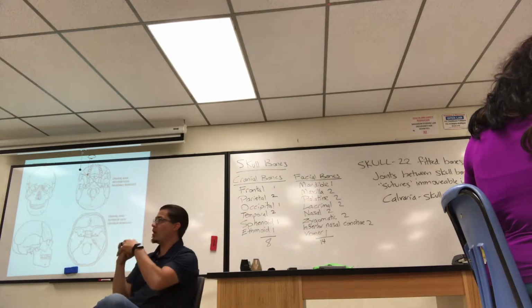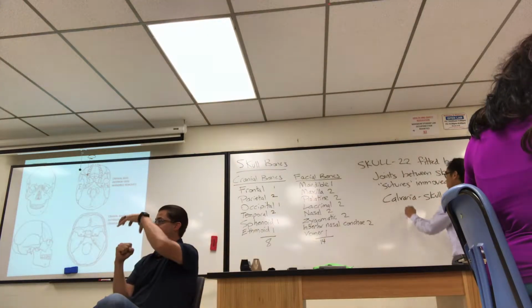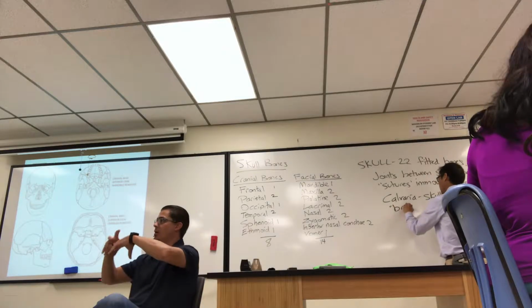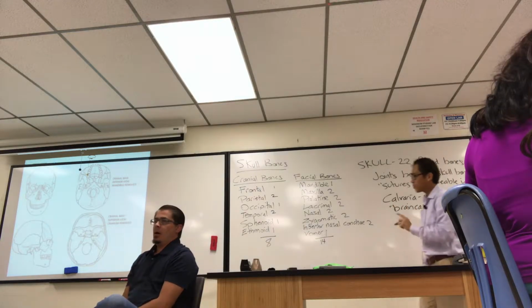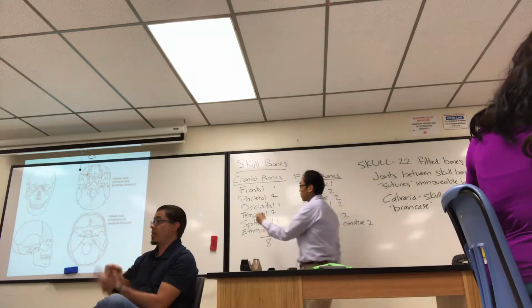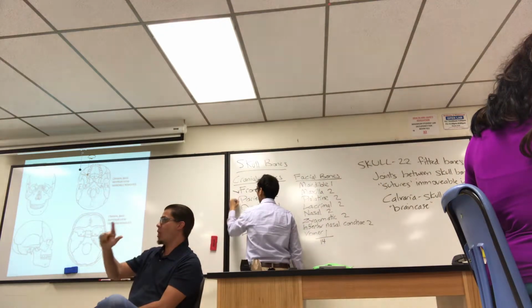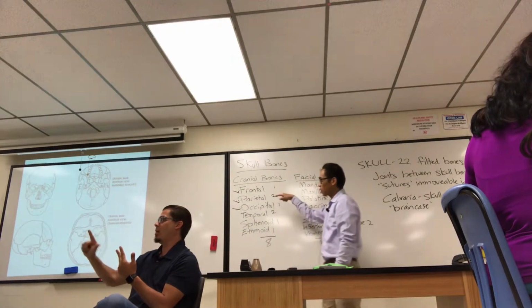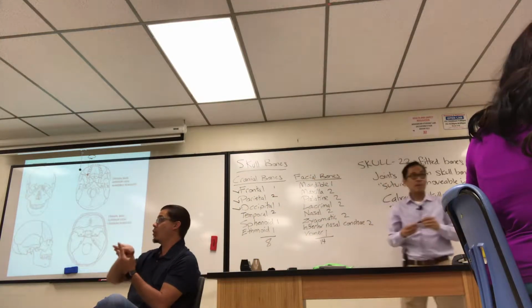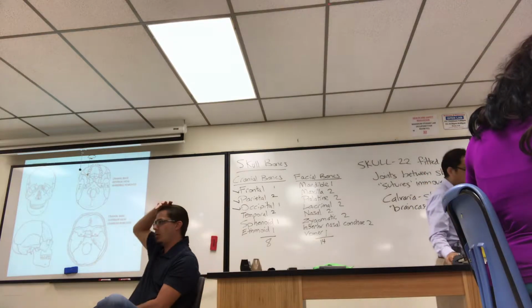Think of it like that. The brain case is these three bones: frontal, parietal, occipital. Check, check, check. Those are the bones that make up your calvaria, your skull cap.